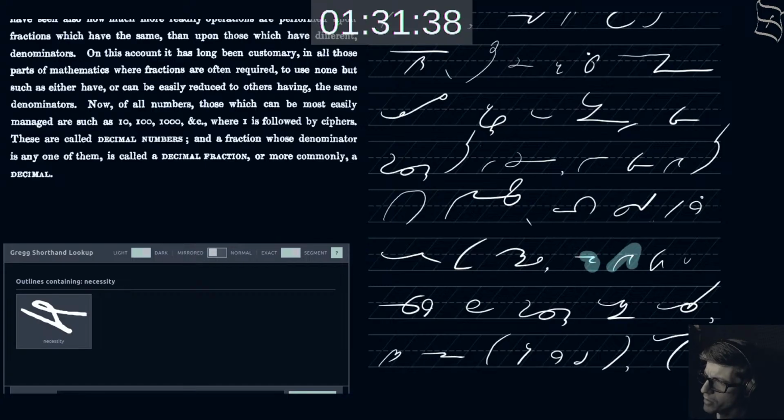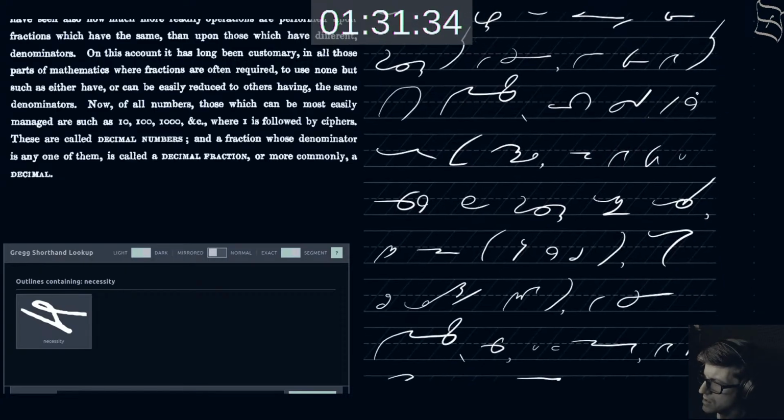in all those parts of mathematics where fractions are often required to use none but such as either have or can be easily reduced to others having.